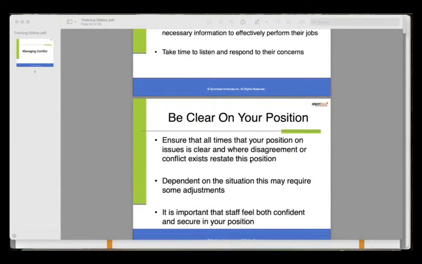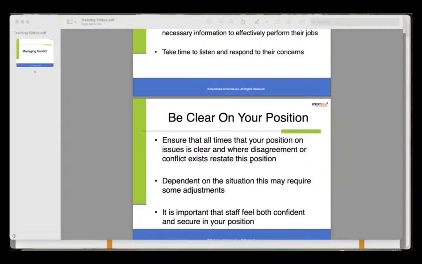Ensure at all times that your position on issues is clear, and where disagreement or conflict exists, restate this position. During the process also, conflicts can exist, so you should be very clear. These are important points to keep in mind.